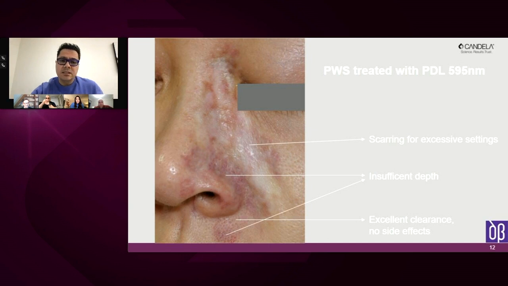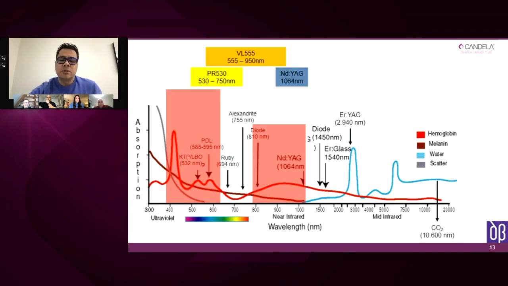And in other places, they tried to push the settings of the laser using the same wavelength, and they caused some scarring. So it's a good idea to take into account the different depths that a vascular malformation has, to use different wavelengths to achieve all depths, right?